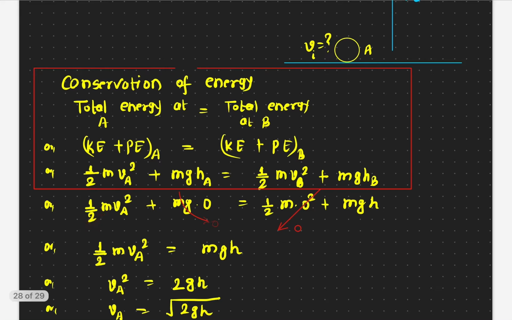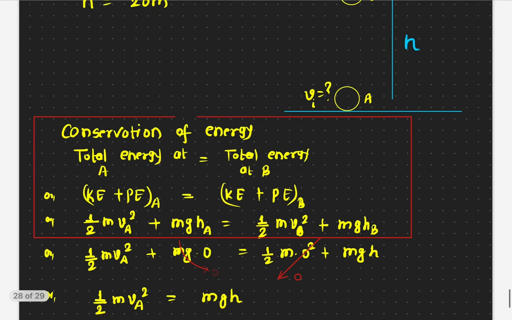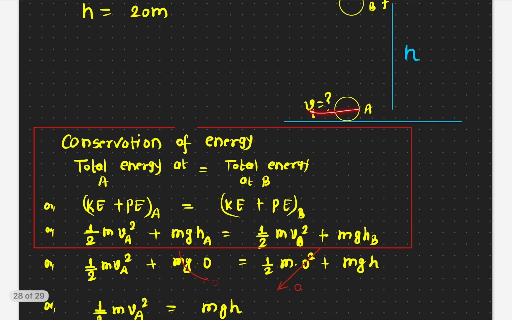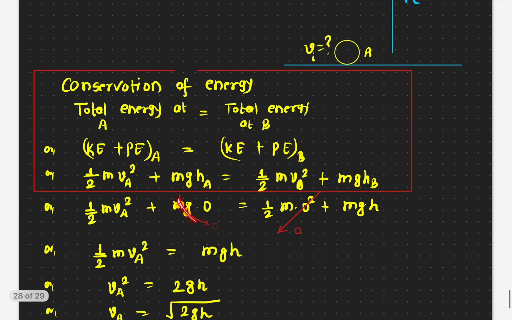Let's plug in here: half m va squared as it is, plus mg ha. Our reference level is this height here. All the heights are measured with respect to this level, so in this case the height is 0 because we have chosen this as the reference level. So that's 0.